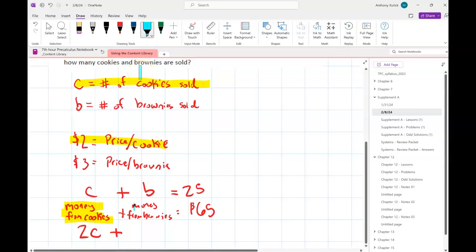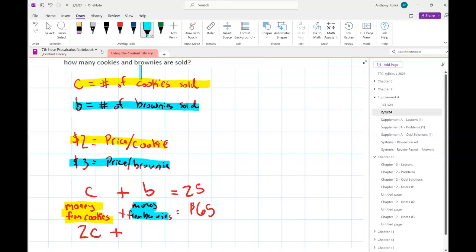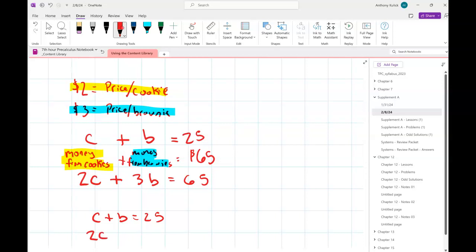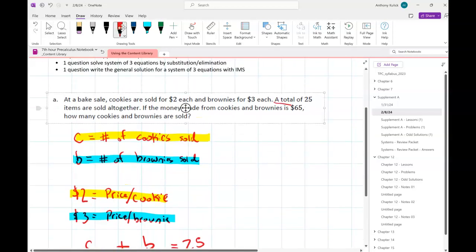Now, how about the money from brownies? How are we going to calculate that? 3 times B. The price per brownie times the number of brownies sold. So the system I have then is a total of 25 items are sold altogether.